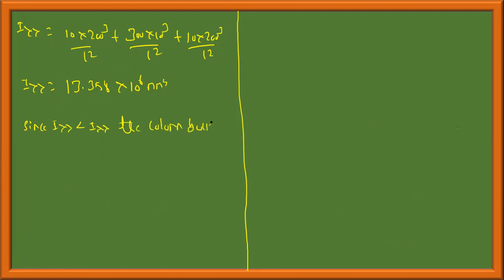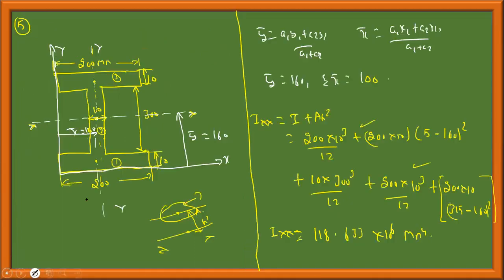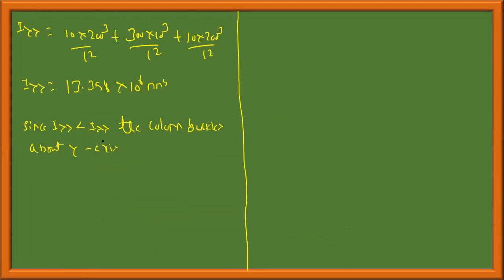buckles about the y-axis. The column buckles about this axis. It will buckle about this axis. This IYY has to be considered.